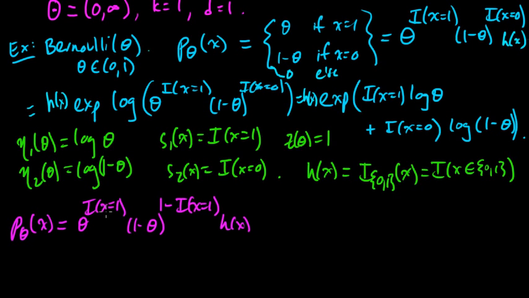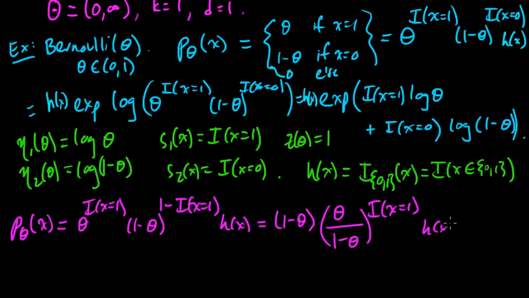If x equals 1, then we get theta, and 1 minus 1 is 0, so this just is 1. And if x is 0, then this is 0 in the exponent, so this is 1. This is 0, and we get 1 minus theta. So we can do that, and then if we pull out a 1 minus theta from this, we get theta over 1 minus theta to the indicator that x equals 1, times our h of x here.